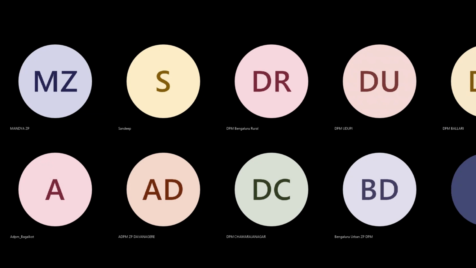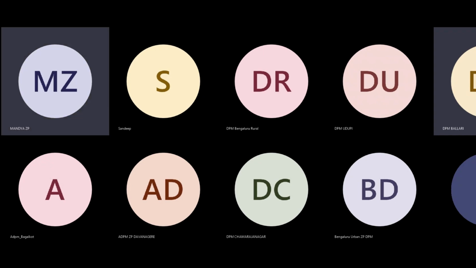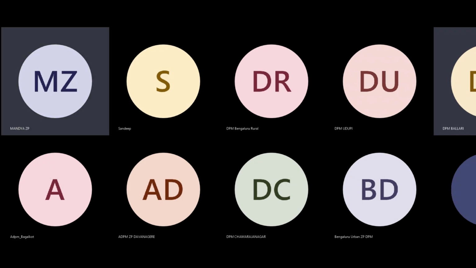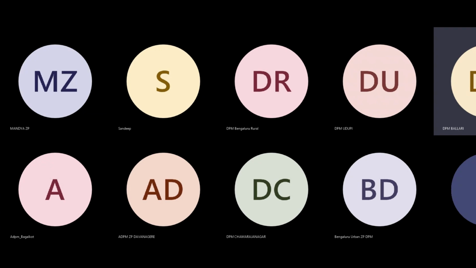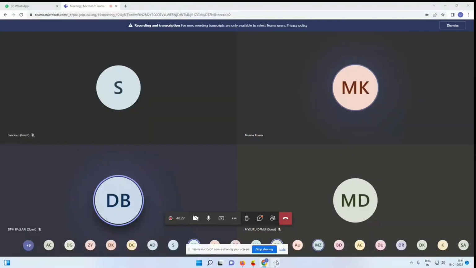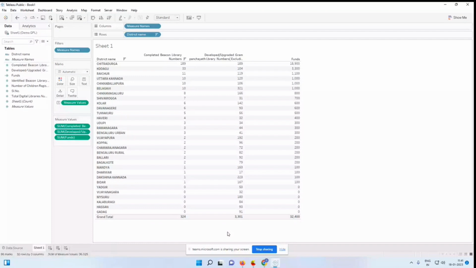See at the top right corner, the share button, up arrow. When I click here, open share. No, we are not able to see that. Let me repeat the steps. Yes, now it is visible.